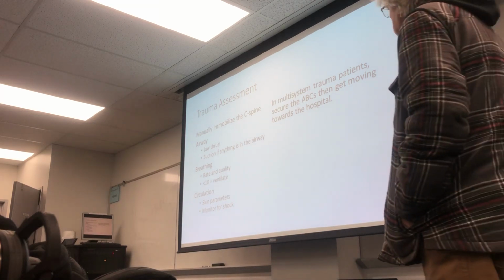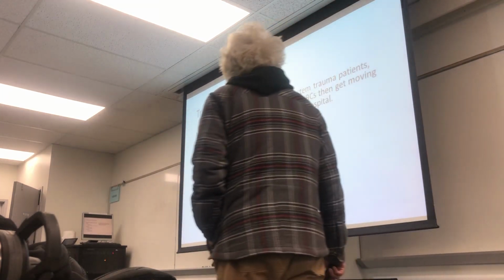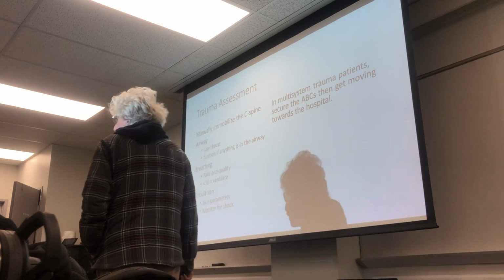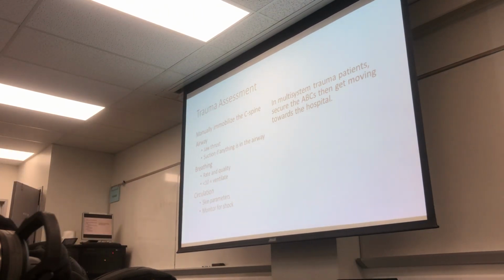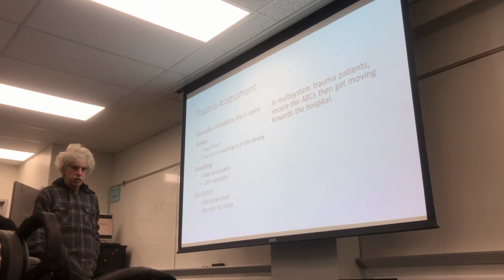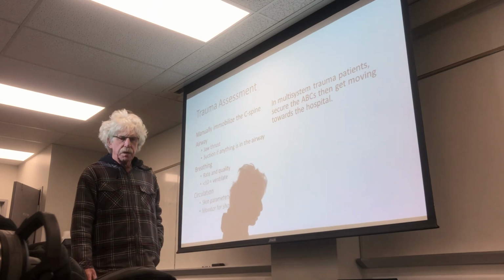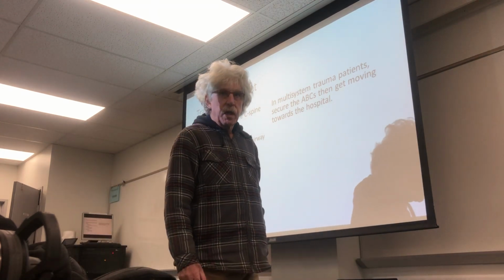Okay, trauma assessment. In trauma, obviously, we manually stabilize the cervical spine. I don't think there's anything there that's particularly earth-shattering. On breathing, we're back to the difference between respiratory failure and respiratory distress.